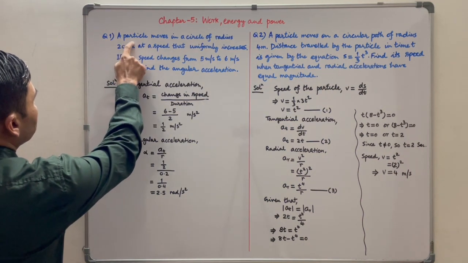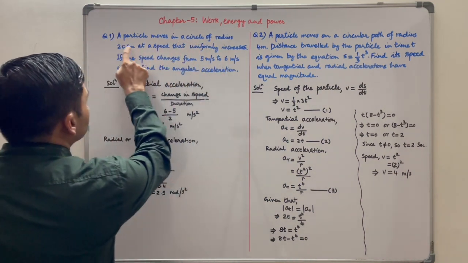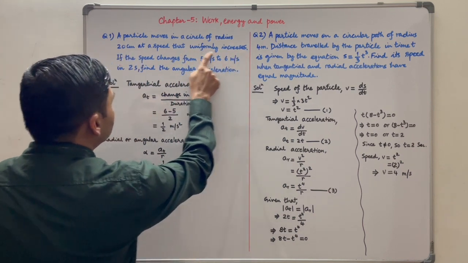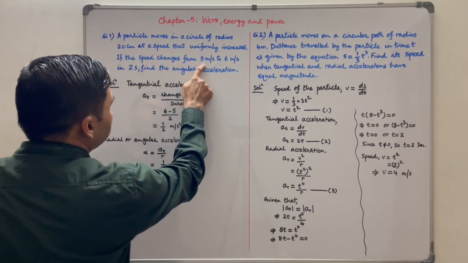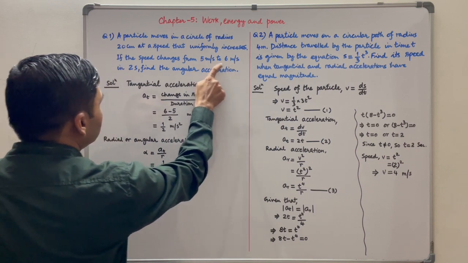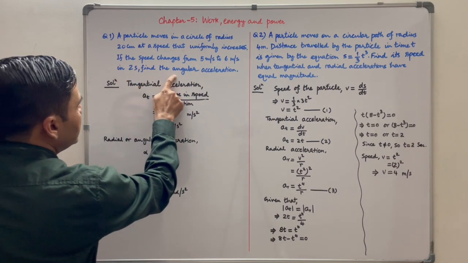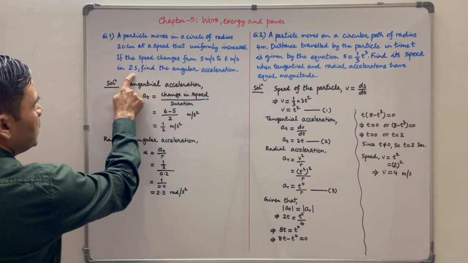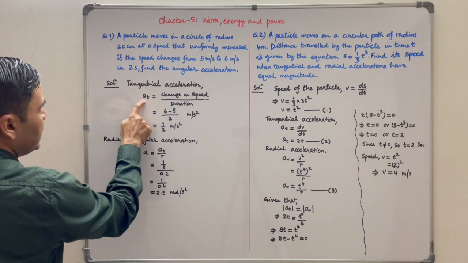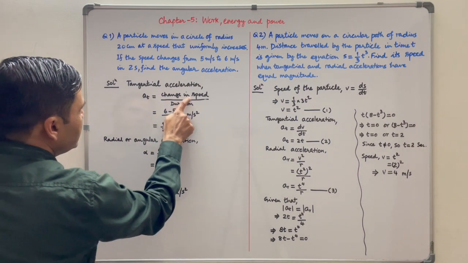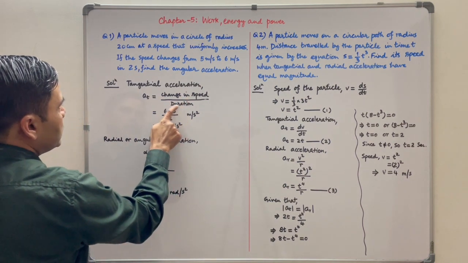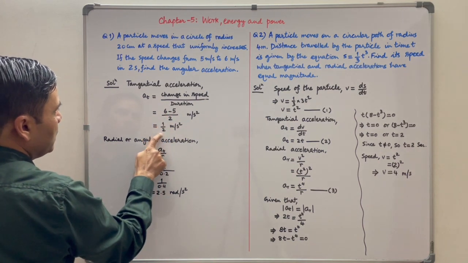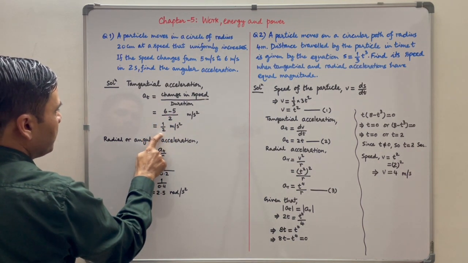First question: a particle moves in a circle of radius 20 cm at a speed that uniformly increases. If the speed changes from 5 meter per second to 6 meter per second in 2 seconds, find the angular acceleration. From the given information, we can calculate tangential acceleration at. At is equal to change in speed upon duration, so that will be 6 minus 5 upon 2, that is 1 by 2 meter per second square.